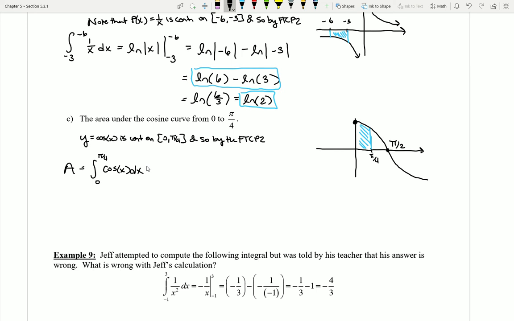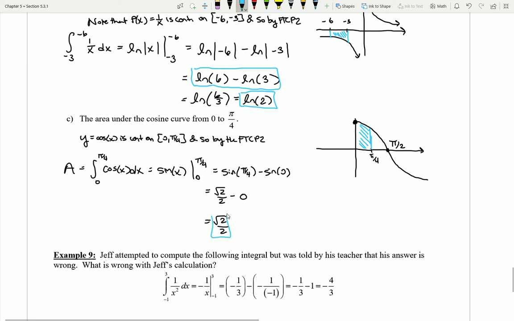So now I just need to focus on finding my antiderivative for the cosine function, which is super easy because that's just the sine function. And I evaluate that from 0 to pi over 4. So that's going to be sine of pi over 4 minus the sine of 0. That's square root of 2 over 2 minus 0. And so that total blue area there is square root of 2 over 2. And we got it.